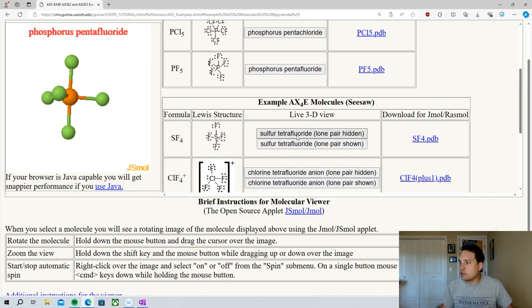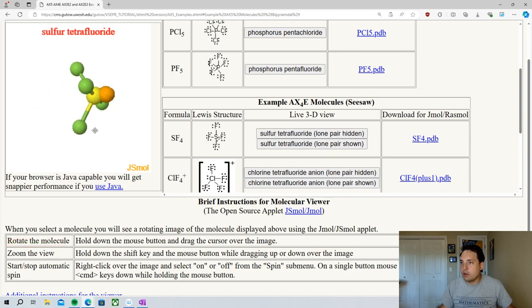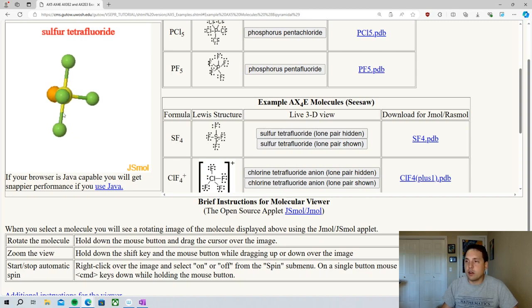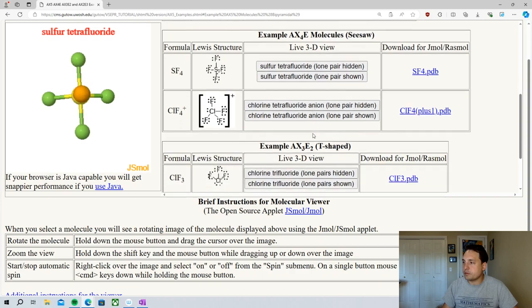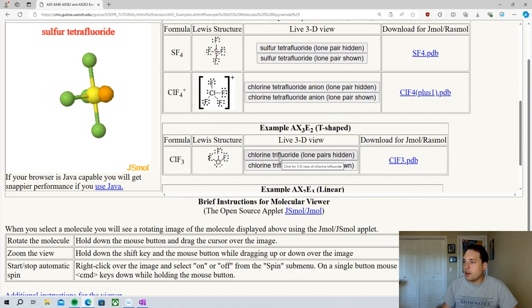And we can see that with sulfur tetrafluoride, where if I orient it like this, I think that's the easiest way to see it. Those axial atoms are still there, but one of the equatorial atoms has been removed. And then if we get to the next example where we have two lone pairs, like in chlorine trifluoride, two equatorial atoms are removed.